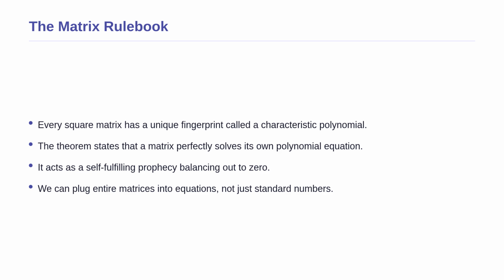Every square grid of numbers perfectly solves its own special algebraic equation. It is like a self-fulfilling prophecy where the creator perfectly satisfies its own creation. This means we do not just have to plug standard numbers into equations anymore. We can plug entire matrices into them and watch everything cancel out beautifully.